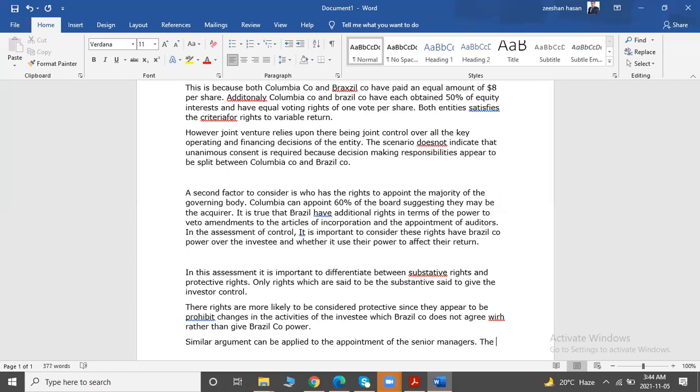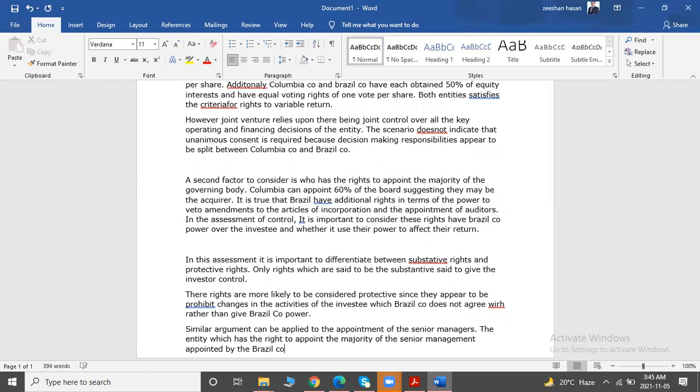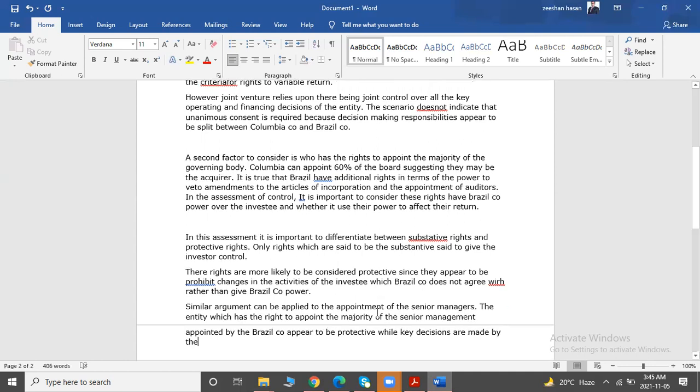The entity which has the right to appoint the majority of the senior management makes the key decisions. The managers appointed by Brazil Company appear to be protective, while all key decisions are made by the senior management of Columbia Company.